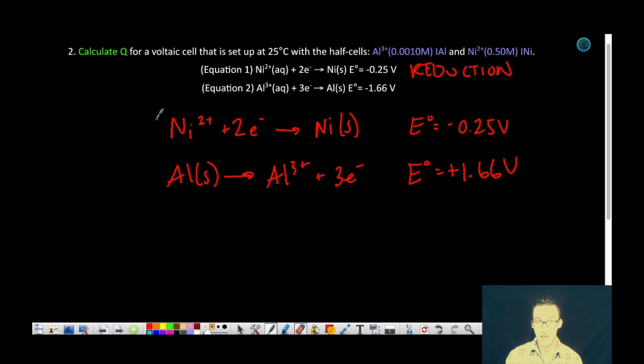And so to balance this out, we need to multiply this top half reaction by 3 and this bottom half reaction by 2.